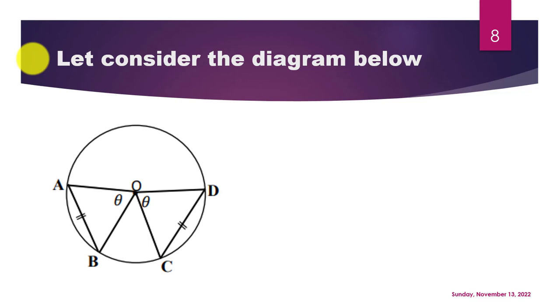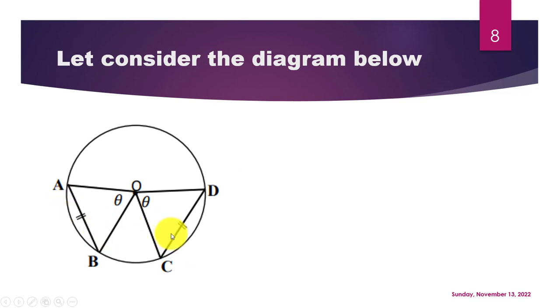One of the properties of a chord says that equal chords subtend equal angles at the center of the circle. So chord AB and chord CD are equal, and that is why we have indicated this particular sign. It means that the line AB and line CD are equal.